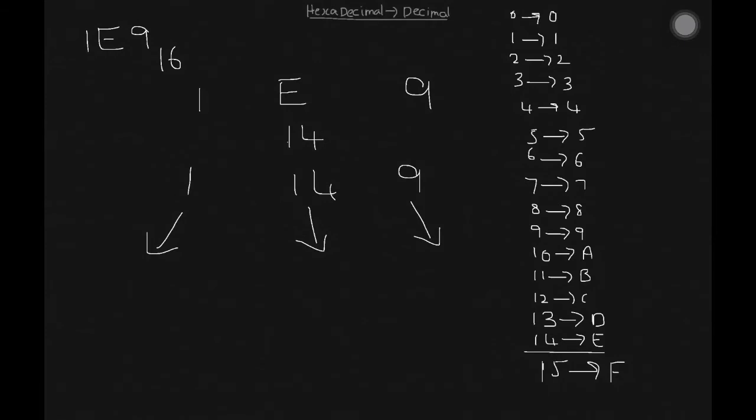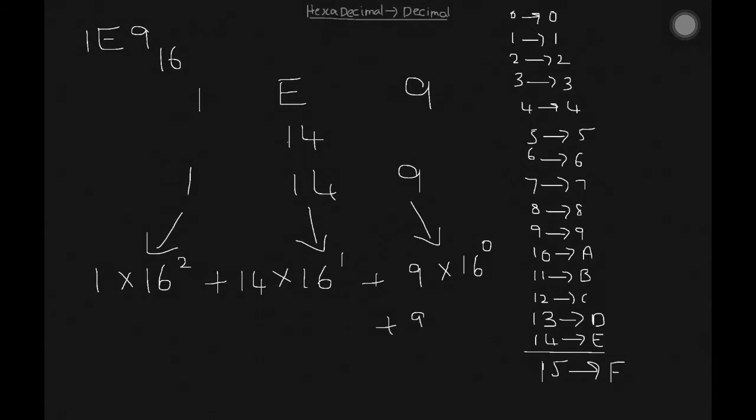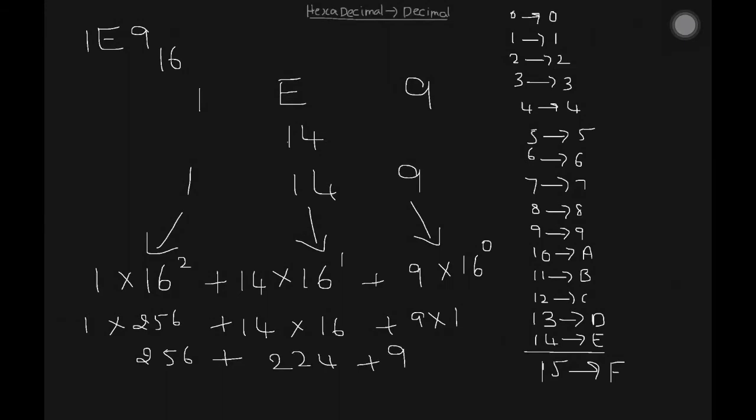We have the base 16 for that. 16 power 0, 16 power 1, 16 power 2. Into 9 plus into 14 plus into 1. 16 power 0 means 1, so 9 into 1, 16 into 14, 256 into 1. 256 plus 224 plus 9.